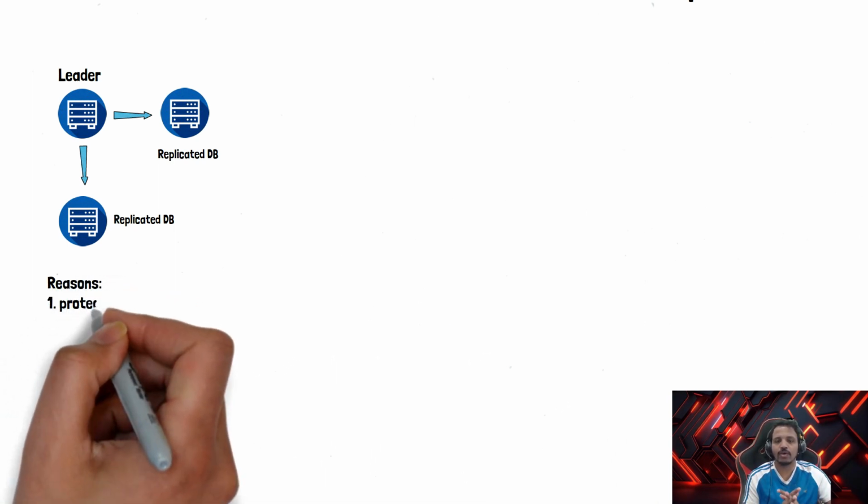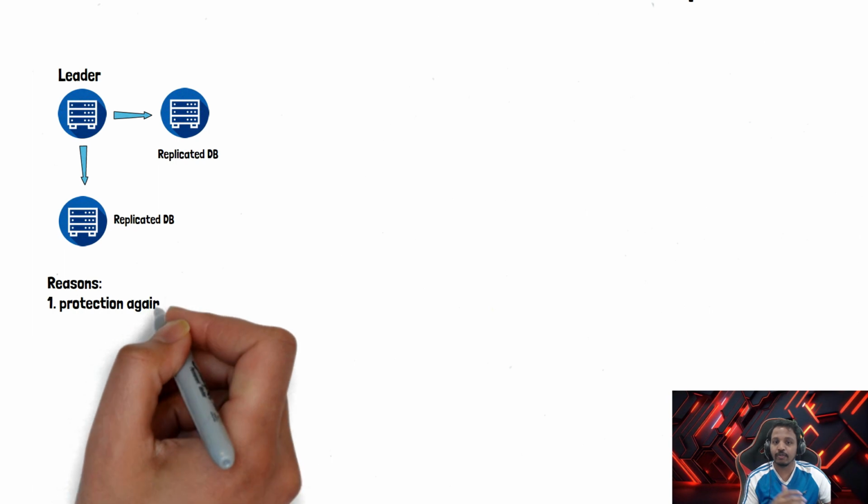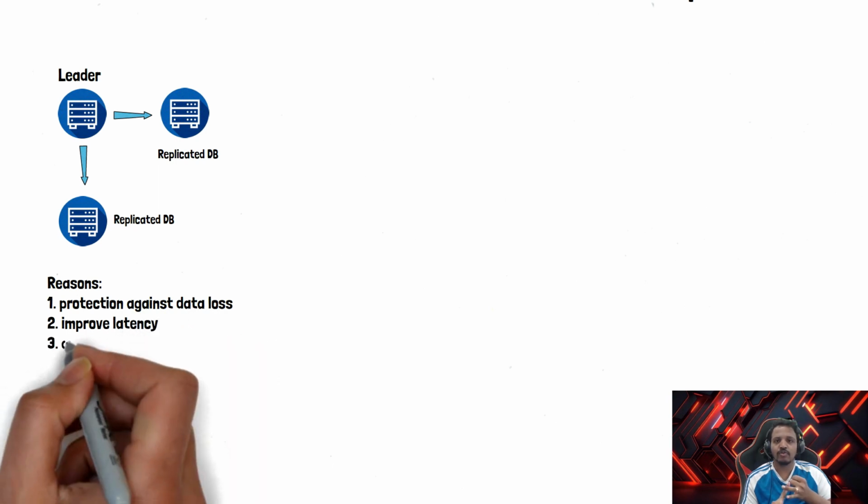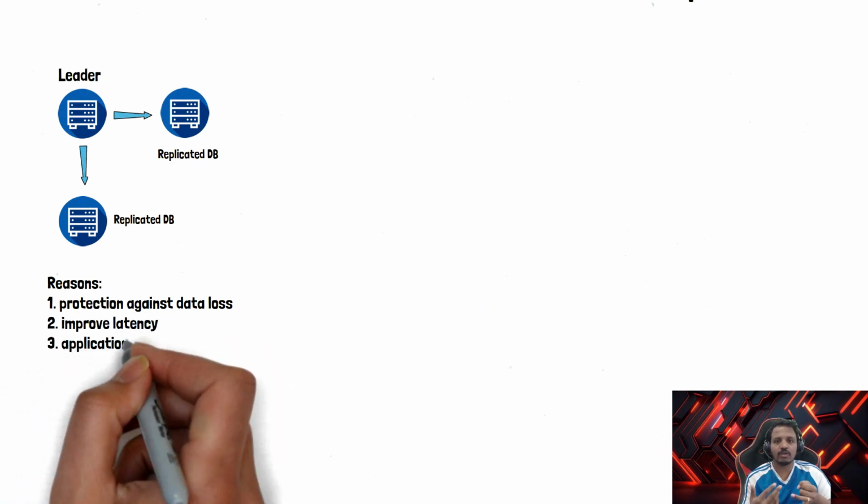Now, first question: why do we need to have replication enabled, or basically why do we need to have a copy of a database at any point of time? The reason is, first, protection against data loss. Second, it improves the latency. For example, a request comes in which only wants to read the data.